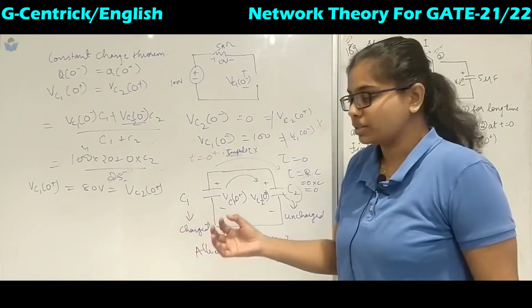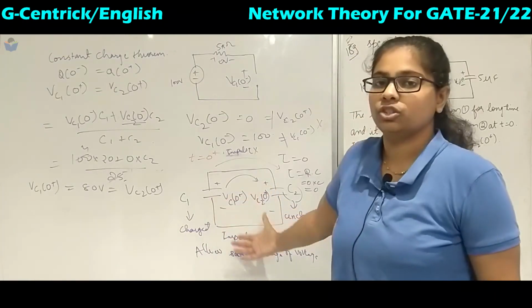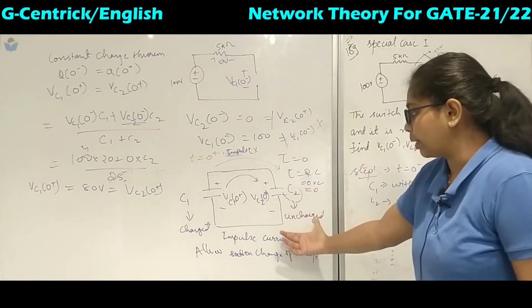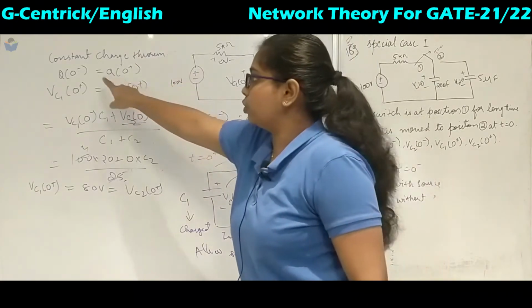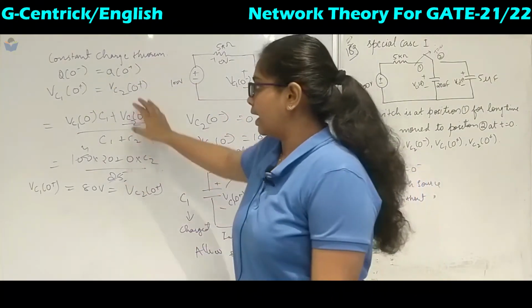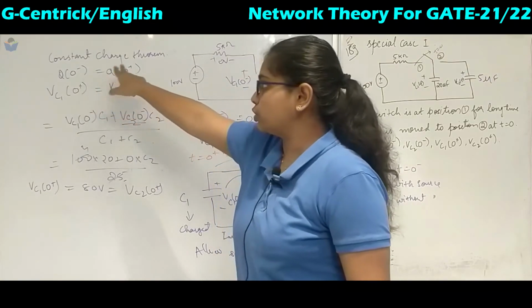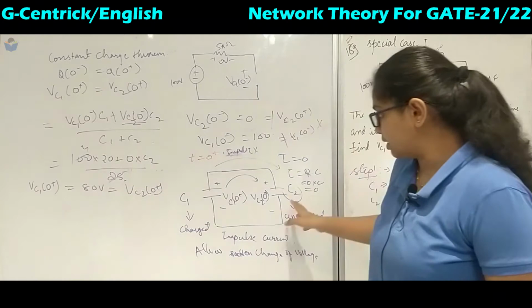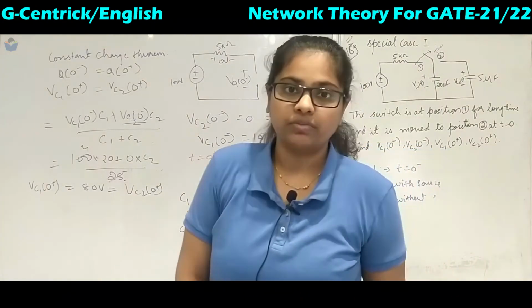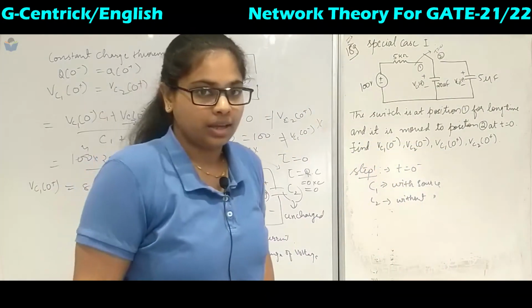The meaning of impulse is that it immediately charges the C2 capacitor. To find the values at 0 plus, we use the constant charge theorem: Q of 0 minus equals Q of 0 plus. Solving, we get the answer as 80 volts. We will see some more cases based on this impulse.